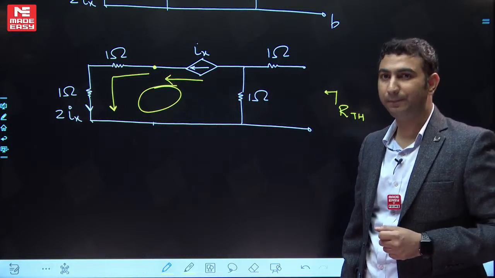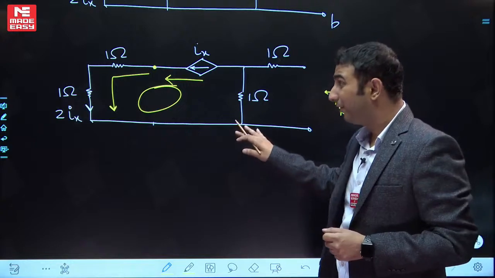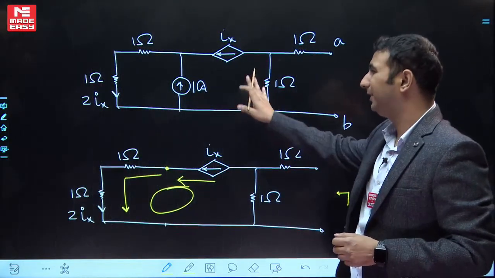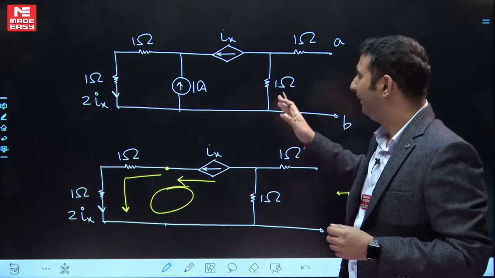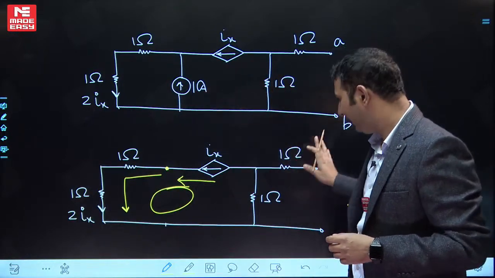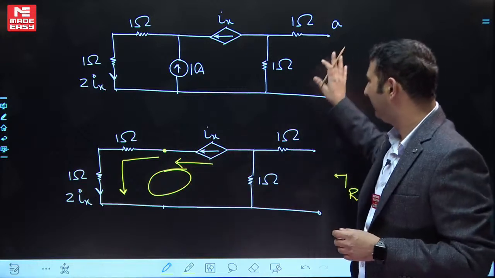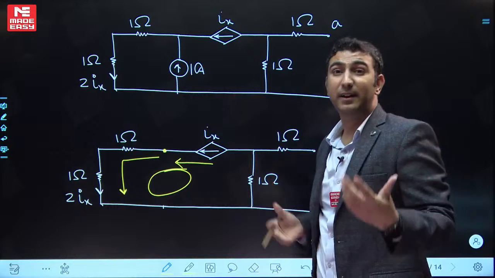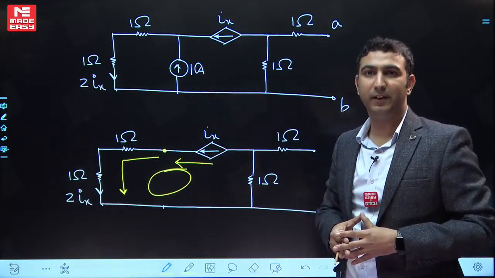What to do now? In this kind of question, when you get stuck in this kind of situation, and you face this problem in the examination, you are calculating RTH, after deactivating you open circuit or short circuit something, and suddenly KCL or KVL gets violated.